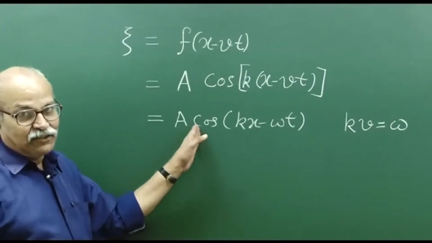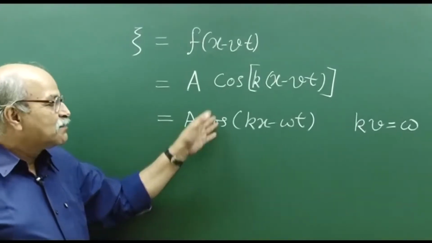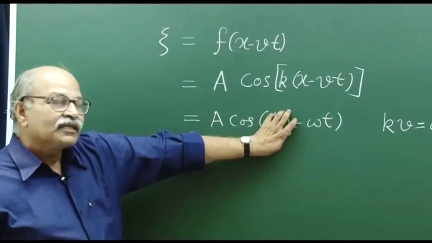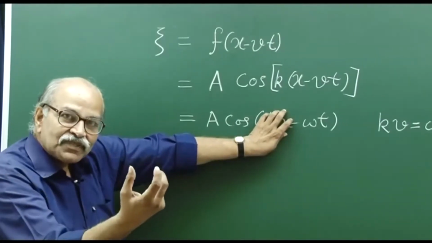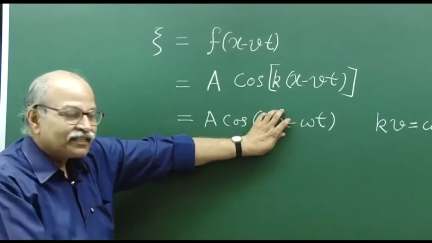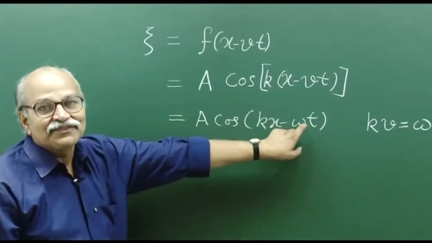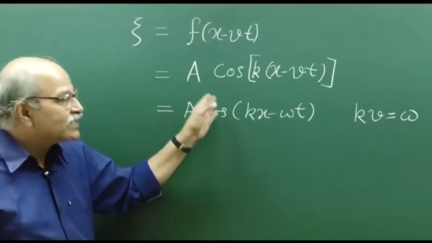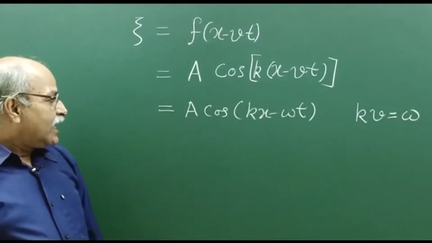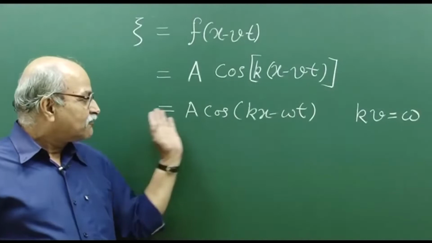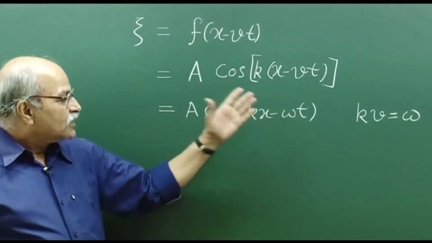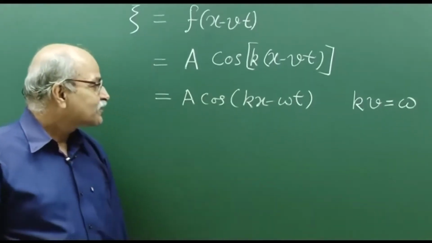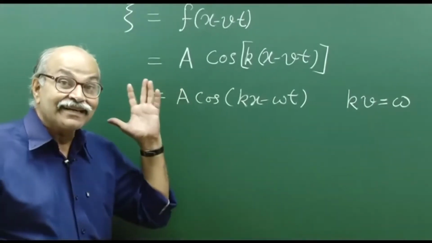Now this you are familiar with. There is a kind of a simple harmonic oscillation. If you fix some x in your medium, some small portion, so fix that x, it varies with time, and that oscillation is simple harmonic oscillation. And if this is the kind of wave, then it will have a periodicity in space and a periodicity in time.